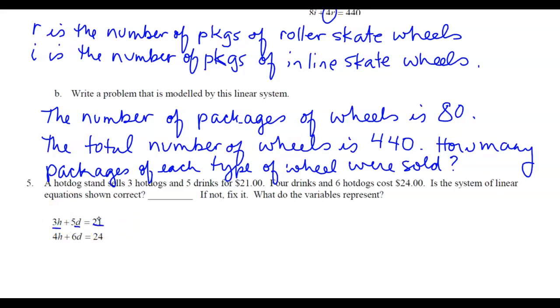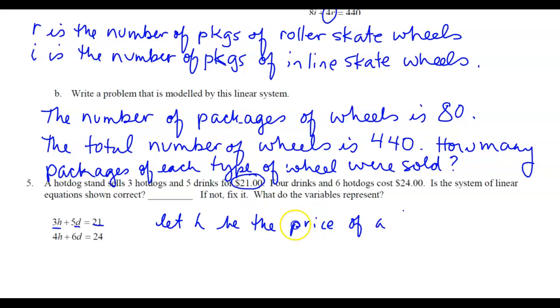So that seems correct for that first statement. And that would mean that, remember, 21 is the price, and it says 5 drinks. So D must be the price of a drink, and H is the price of a hot dog. So let H be the price of a hot dog.